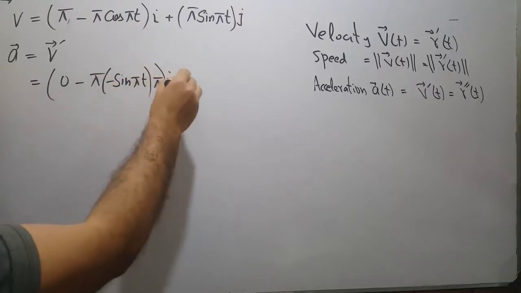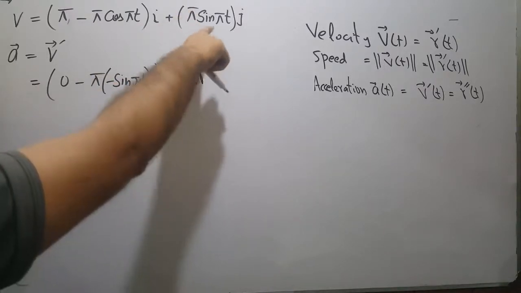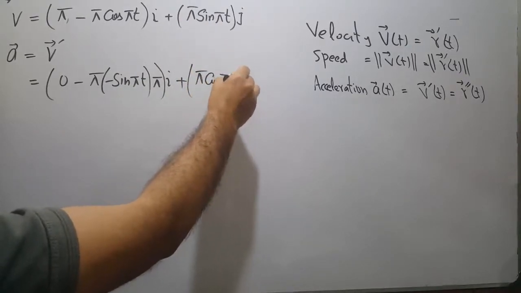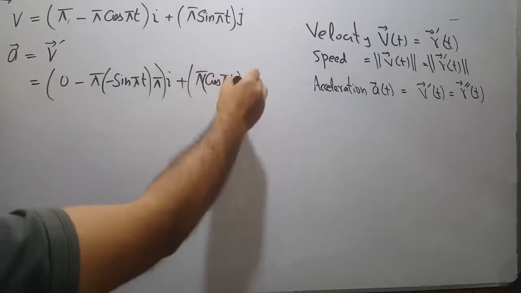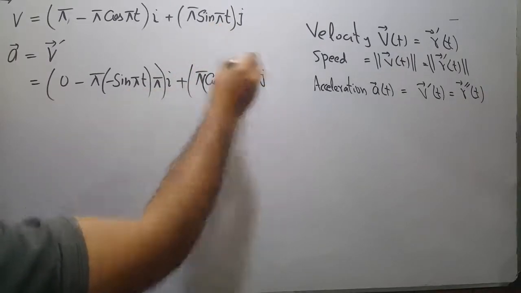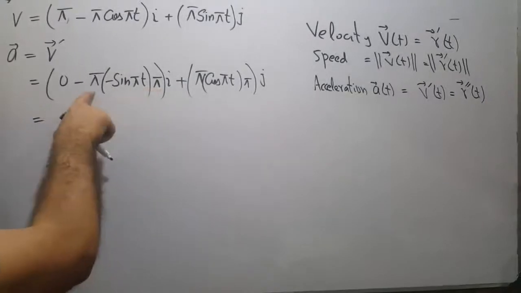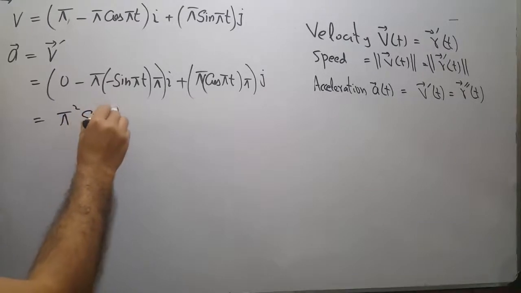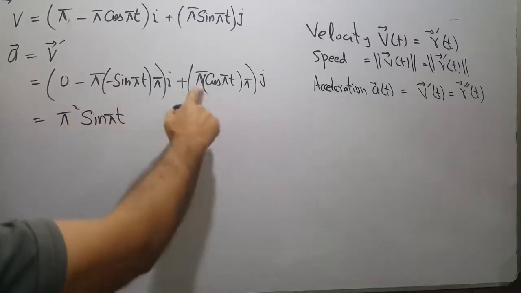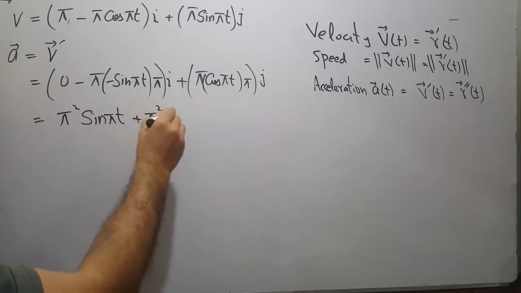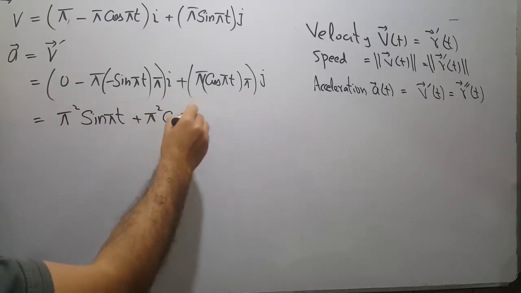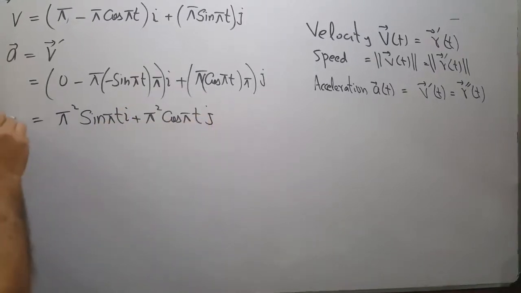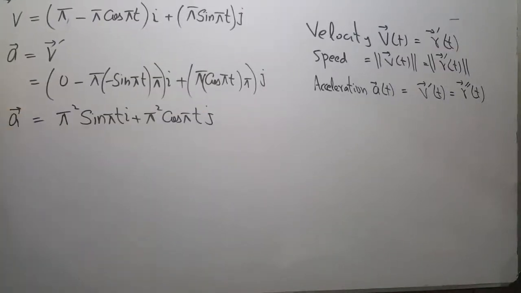So we have this thing, and now the derivative of sine is cos pi t, and then you multiply by the derivative of the inside, which is pi. So you simplify this: pi into pi and minus into minus gives you pi square sine pi t, and then pi into pi gives you pi square cos pi t, and this is i, and this is j. So this is your acceleration.